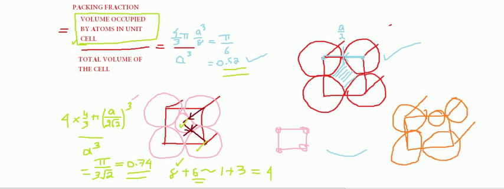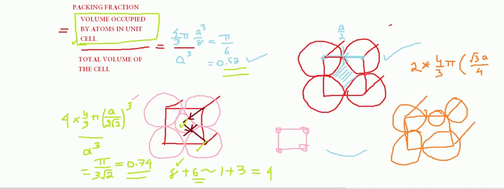So let us calculate. What was the total contribution of atoms? The total contribution was 2 multiplied by 4 by 3 pi r cubed. So remember what was the atomic radius in case of body centered? The atomic radius was root 3a by 4. So if you remember from the last lecture, it was root 3a by 4.